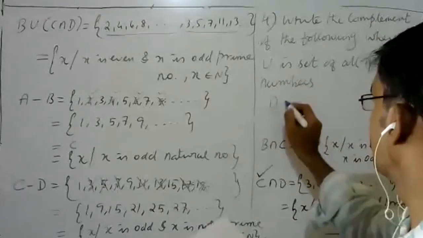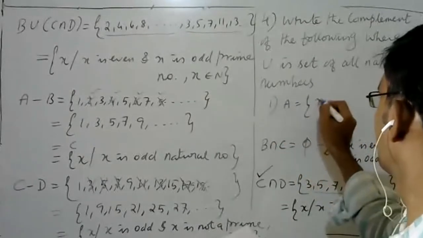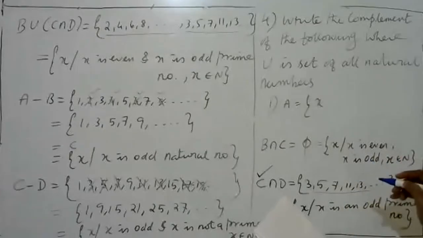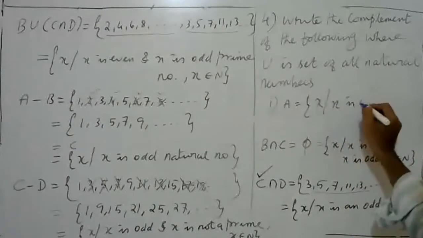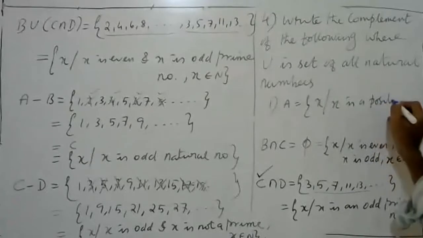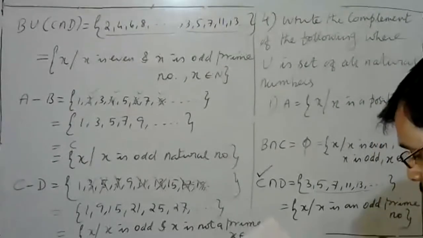First one, A is the set of all x, x is a positive multiple of 3.